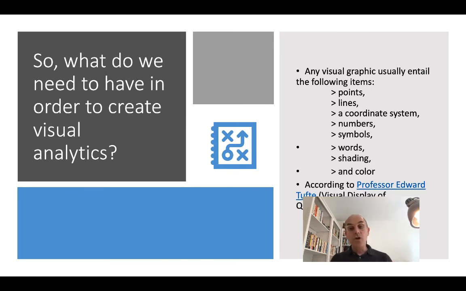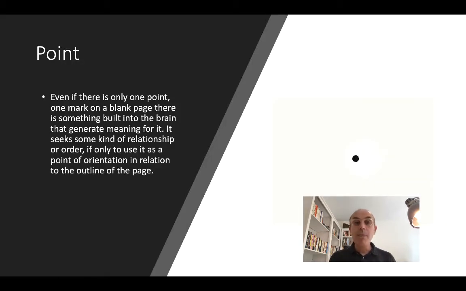This is based on Professor Howard Taft, and we will see his implementation of data visualization. So what is a point? Even if there is only one point marked on a large page, it makes a relationship or gives some order to us. It gives us the idea of orientation in relation to the outline of the page and in relation to the data itself.